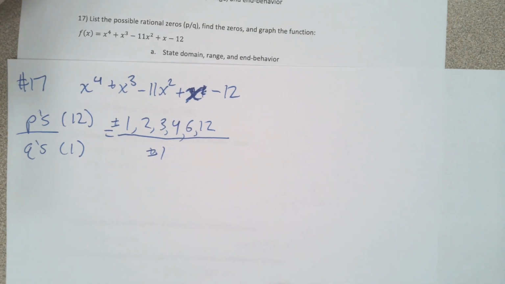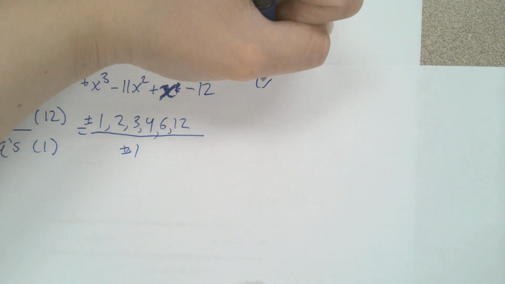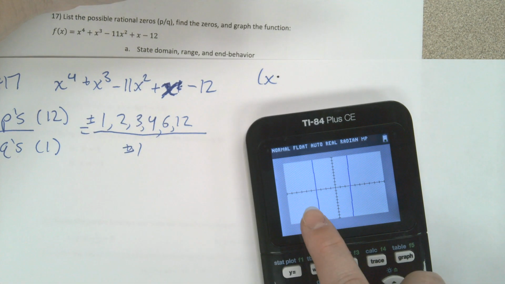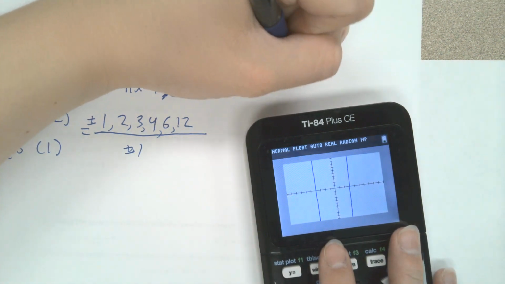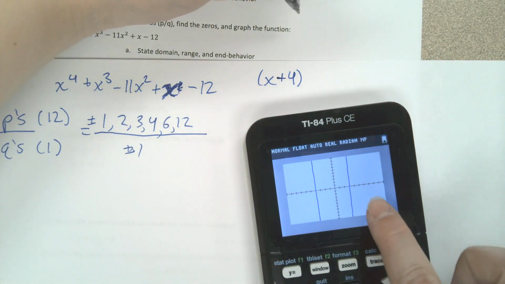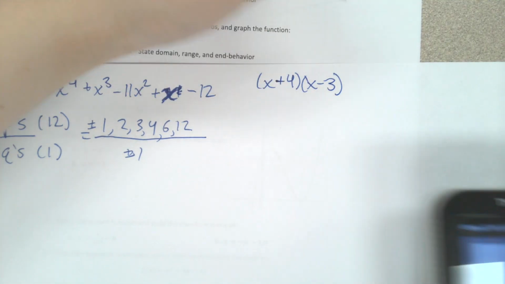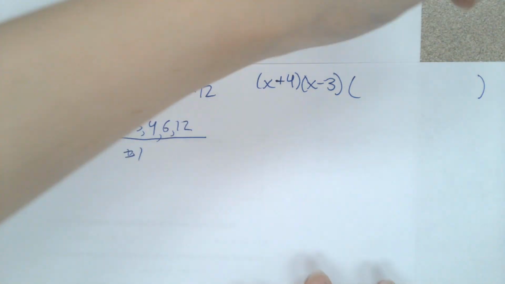So we're trying to break this down into its factored form. So we have x plus 4, since this is a -4 here, that'd be a +4 on paper, as a factor, I should say. And then +3, that would be x minus 3. And then we need to get this bit here.